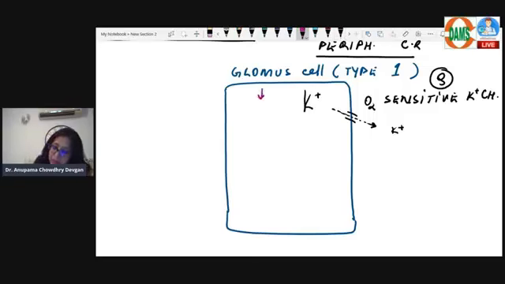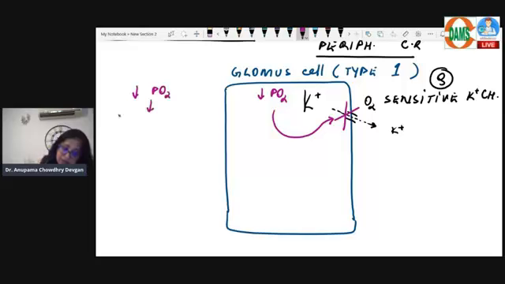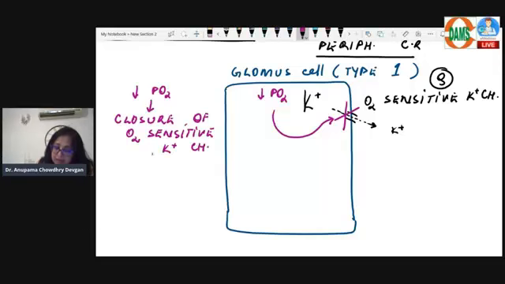Now, if there is hypoxia, if there is a decrease in PO2, it leads to closure of the oxygen sensitive potassium channels.